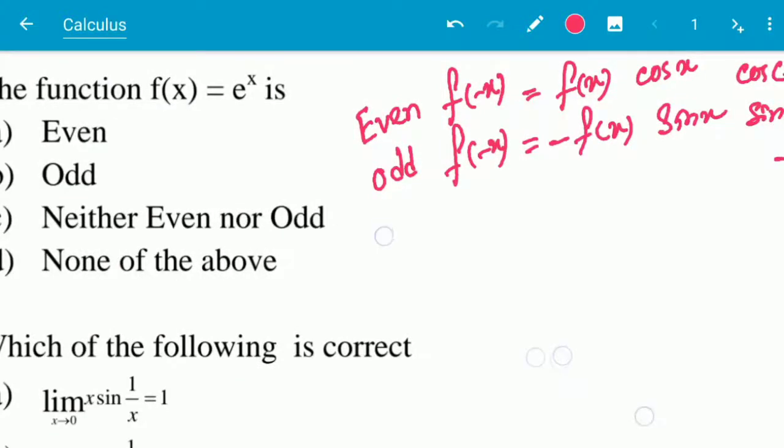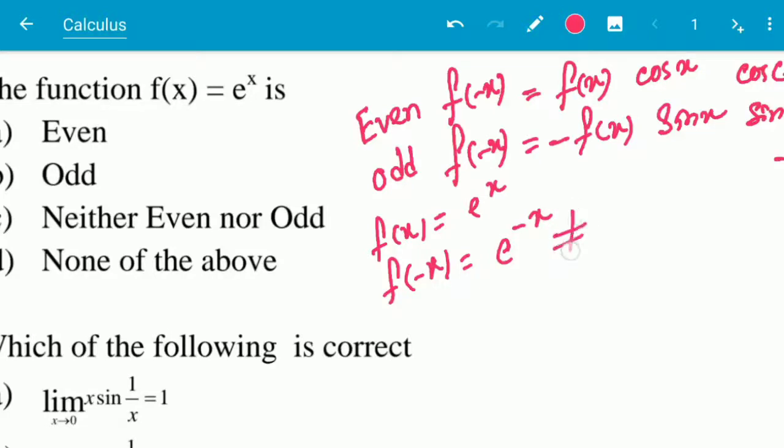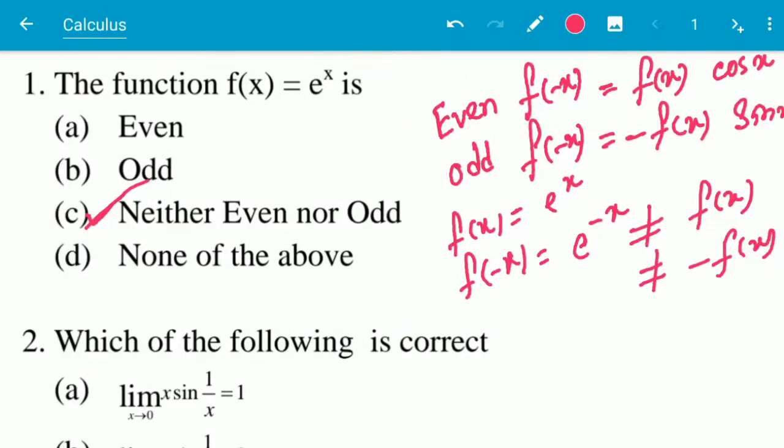If f(x) is equal to e to the power x, f of minus x is equal to e to the power minus x, which is not equal to f(x) and also not equal to minus of f(x). So this is neither an even nor an odd function. There are also functions that are neither even nor odd.